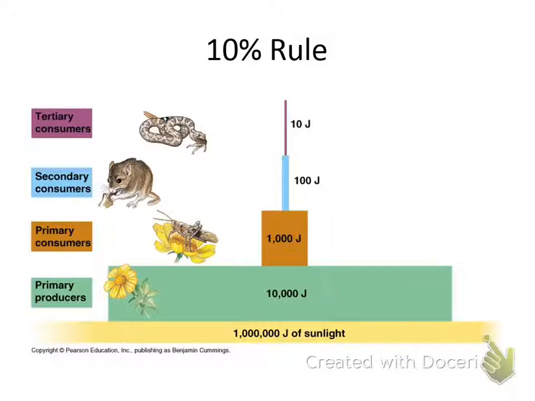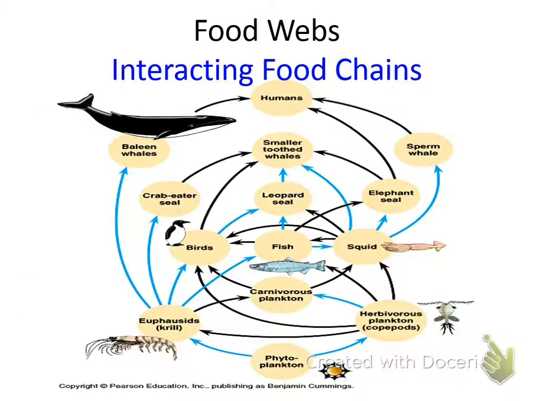Right? And so what we were just looking at, that's a food chain. But this is a food web that shows how the different organisms eat different organisms. So if you look right here, the krill. Let's focus on the krill for a second. And I'm writing in red. So there's your krill. Well, the krill is being eaten by the seal, crab eater seal, whatever, bird, and the fish.